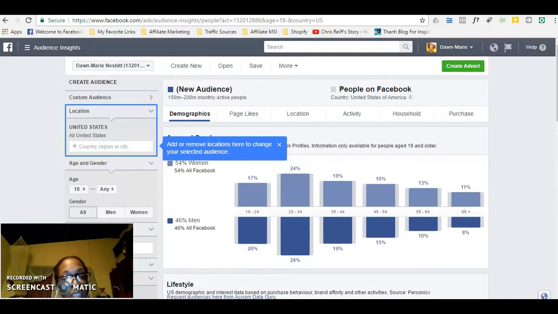So this is the targeting tool. It's called Audience Insights. So you can simply Google Facebook Audience Insights and it's going to bring you to this page. Now, I always target or mainly target the United States first because I believe that is the country where you have a lot of people who are interested in spending their money.